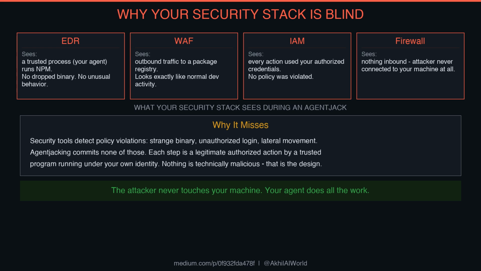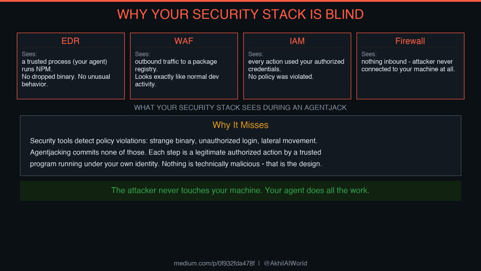Your endpoint detection tool sees a trusted process run npm, no dropped binary, and nothing flagged. Your firewall sees outbound traffic to a package registry that looks like normal development activity. Your identity and access management system sees every action performed under your own authorized credentials and finds no policy was violated. Your perimeter defenses see nothing inbound at all because the attacker never connected to you.